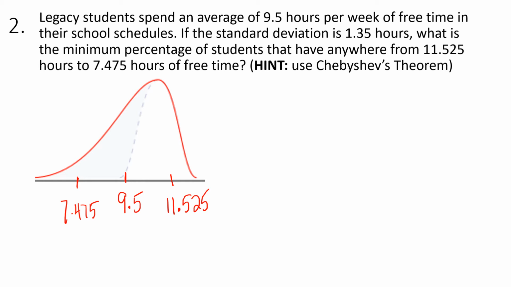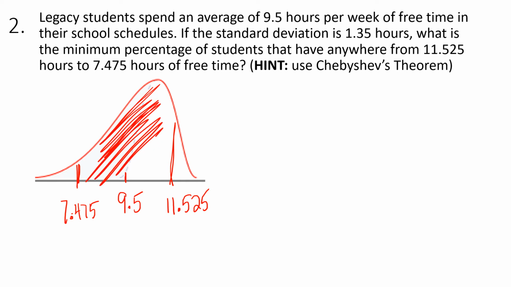So the question is, what is the percent of students that fall in between here at Legacy? So Chebyshev's theorem is 1 minus 1 over k squared is going to give me that percentage. But I was not given a k in the problem.